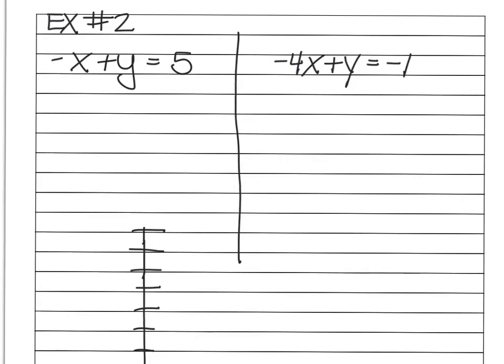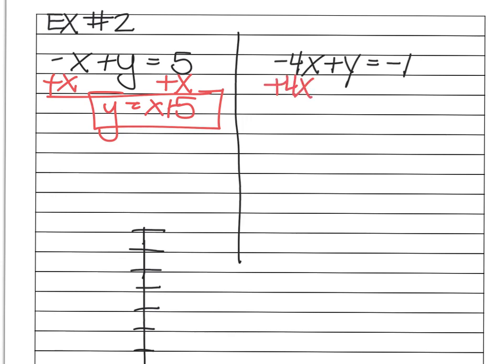Here we have example number 2. We're going to follow the same steps as before. First, we're going to get these into y equals mx plus b form. So we're going to go ahead and add x. We're going to have y equals x plus 5. And here we're going to add 4x to both sides.